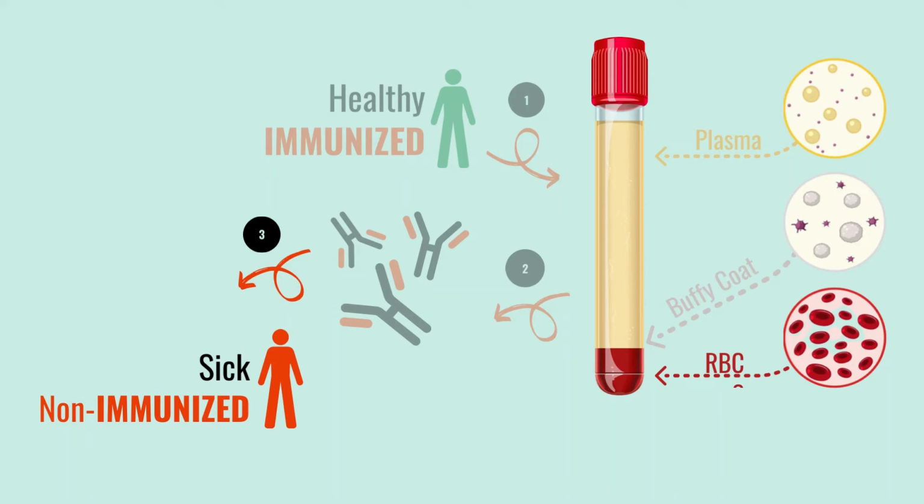Those antibodies then will be injected into the blood of a sick, non-immunized patient. So this patient could be immunocompromised, not competent enough to produce antibodies in a fast way, with an infection risking his life that requires hospitalization. To get immunization against a new pathogen, it takes about 15 days for your body to recognize it and produce antibodies.